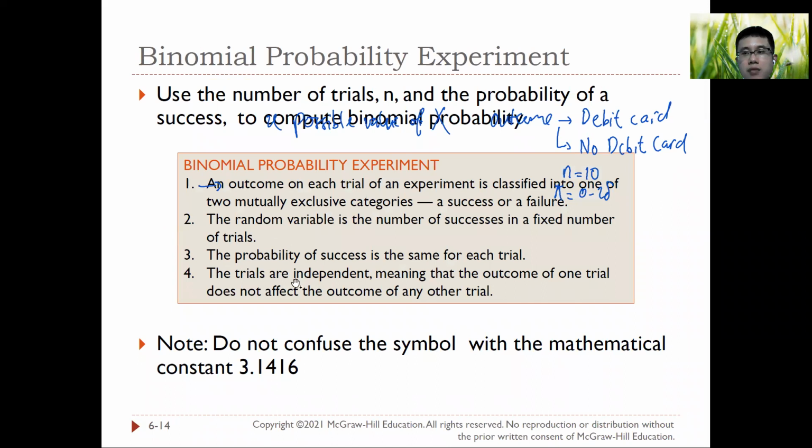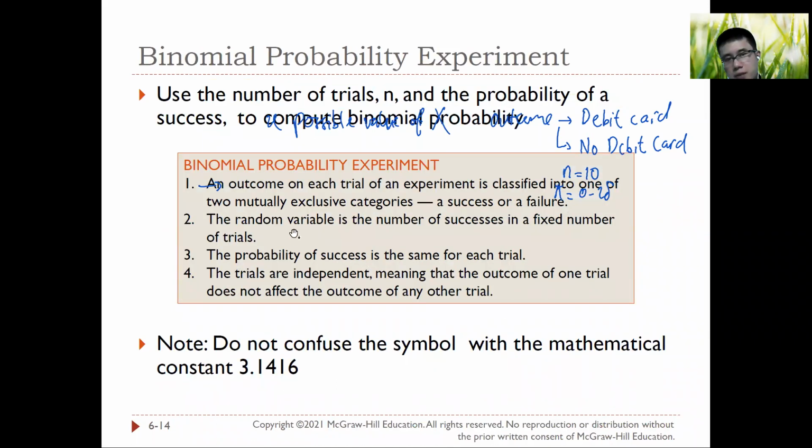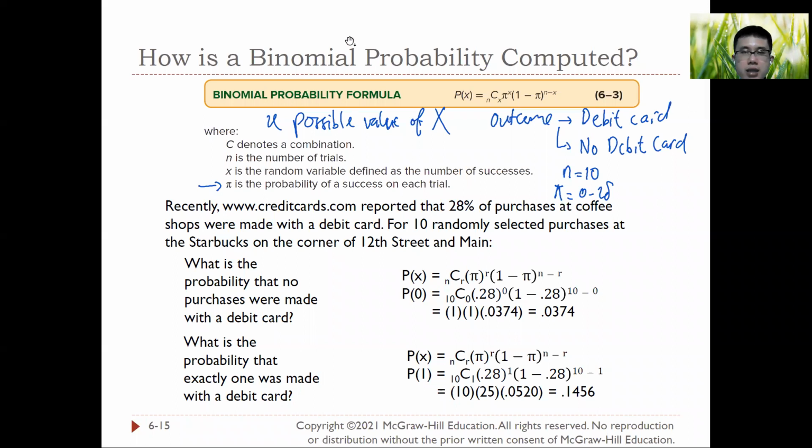And I'm sorry, I think we also need to see that the random variable x is the number of successes. Here the success is using a debit card, and x is the number of successes.